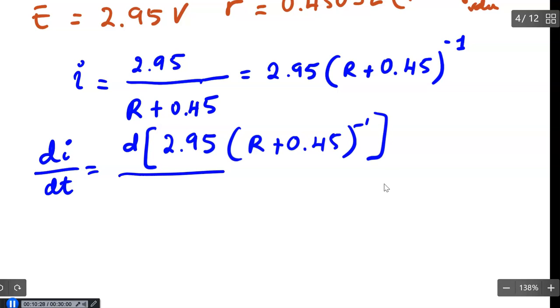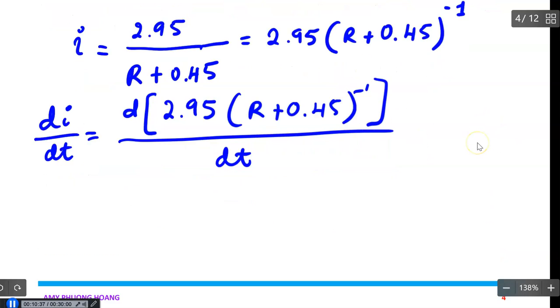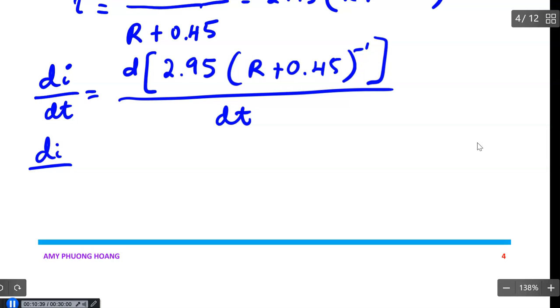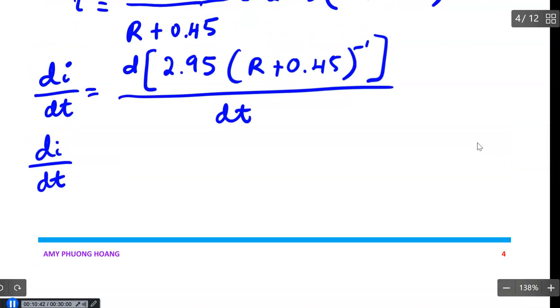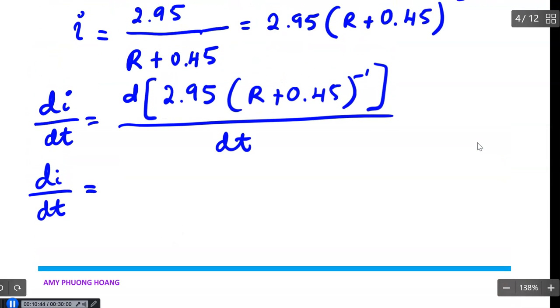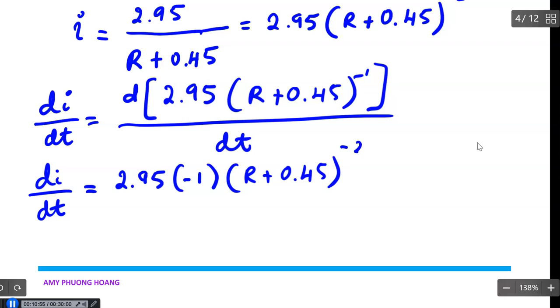We differentiate one side of the equation in terms of time, and the other side of the equation in terms of time. So on this side I still have di over dt, and this is equal to 2.95 times minus 1 times R plus 0.45 raised to the negative 2, multiplied by dr over dt.